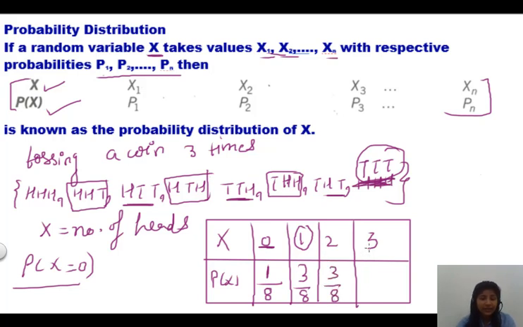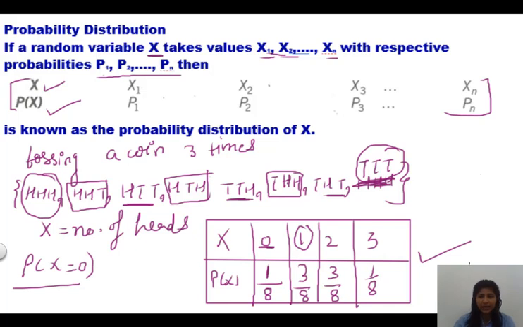Now for 3 heads there is only one, so it will be 1 by 8. So this table now is known as probability distribution chart or probability distribution table for the random variable x. X denotes number of heads, p is denoting the probability of that particular random variable for different values like 0, 1, 2, 3. I hope this is clear.